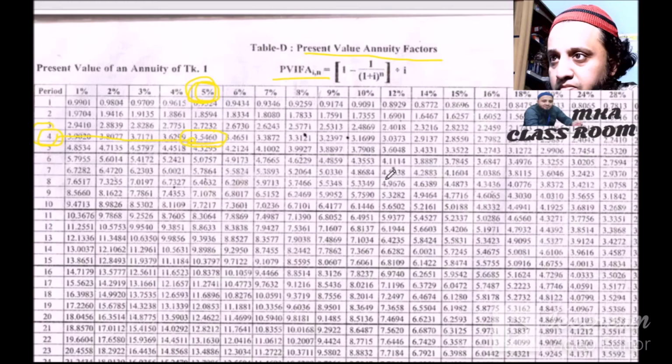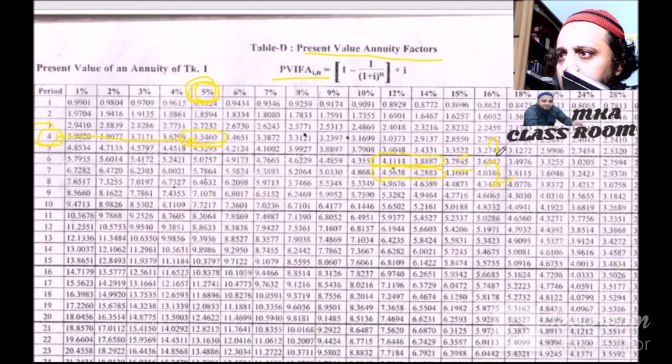If we count this value 4.4226, we will try again, 6 year and 7 year.